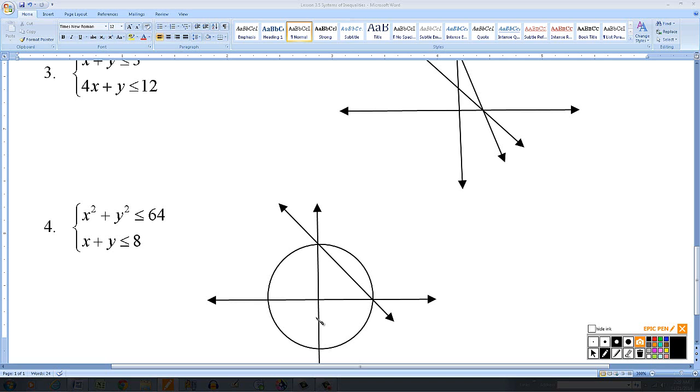So notice this little region right here, that is not below the line. It's inside the circle, but it's not below the line. Okay, so we don't want that. We want everything then in here. This region right in here, it's inside the circle, and it's below the line. So this is what I would label as my solution set, S.